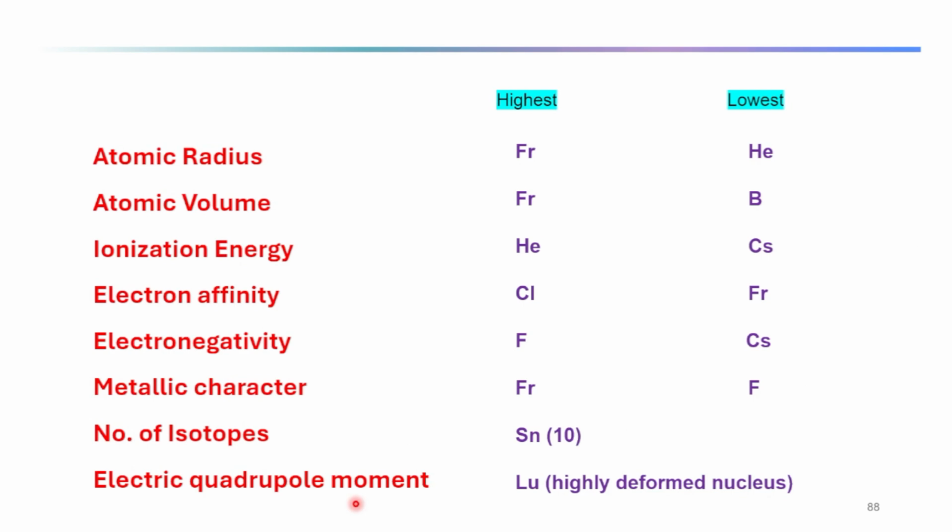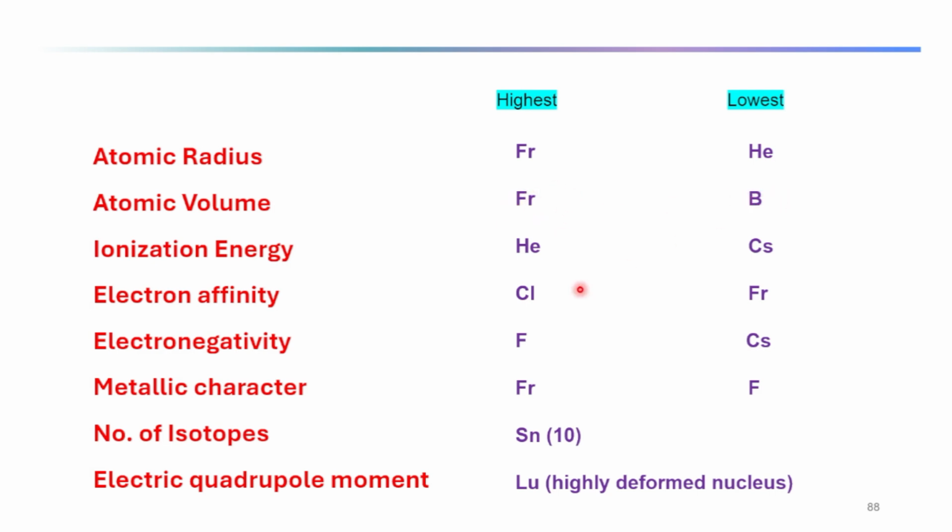Next, we will quickly discuss the extremes of these periodic properties, highest and lowest ones. For atomic radius, francium is highest. For helium, it is lowest. In case of atomic volume, francium has the highest atomic volume and boron has the lowest.